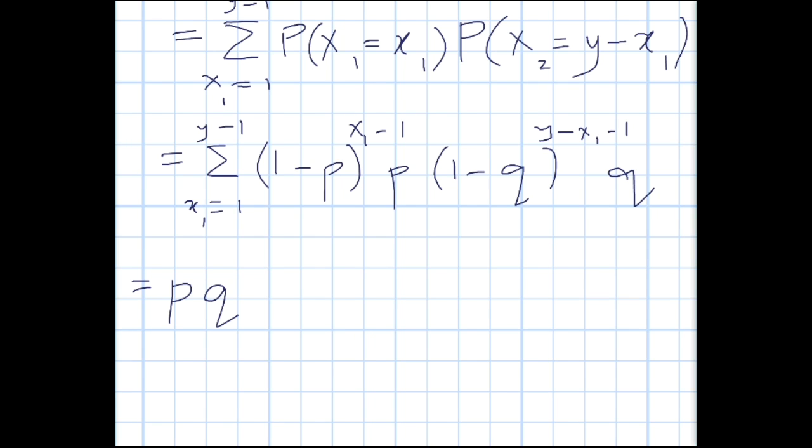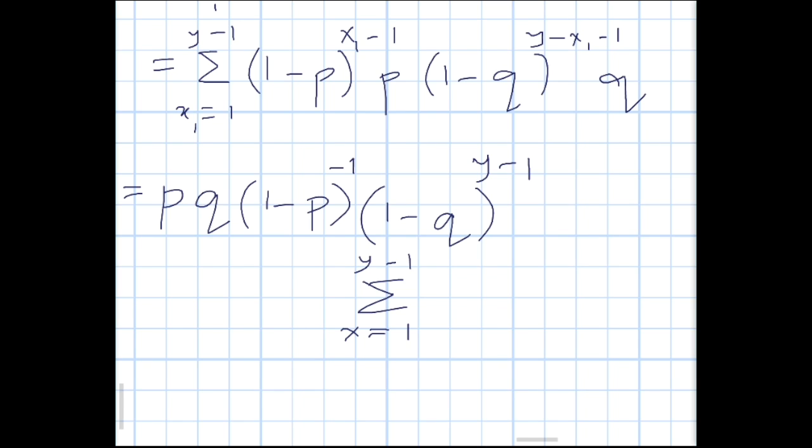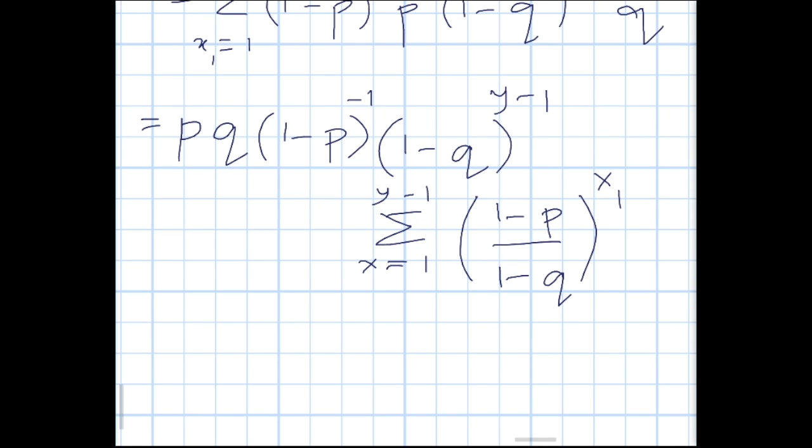Then there's another thing we can take away, which is minus 1 here, and we can take y minus 1 out, and then times the sum from x1 equal to 1 to y minus 1 of ((1 minus p) over (1 minus q)) to the power of x1. So this is the PMF of the sum of two geometric random variables with different parameters p and q respectively.